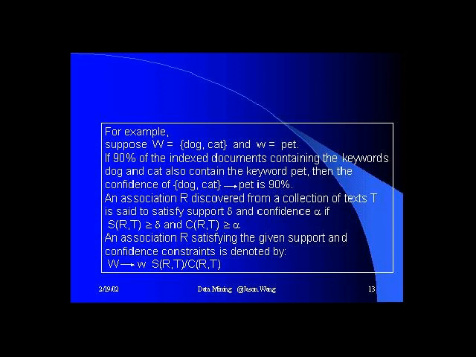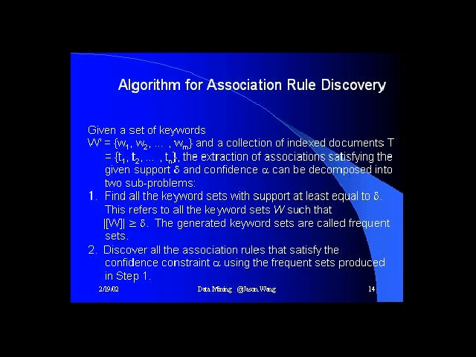The support of dog, cat, and pet divided by the support of dog and cat. That gives you the confidence for this rule. That's how we calculate the confidence for association rules for transactional databases. The same formula. Okay? So that's the modification of the a priori algorithm.